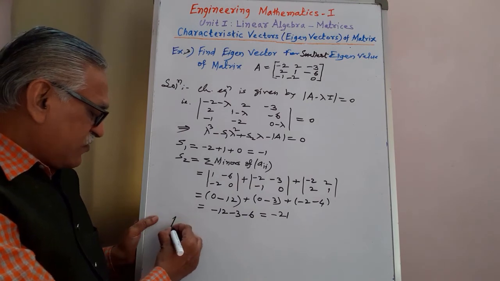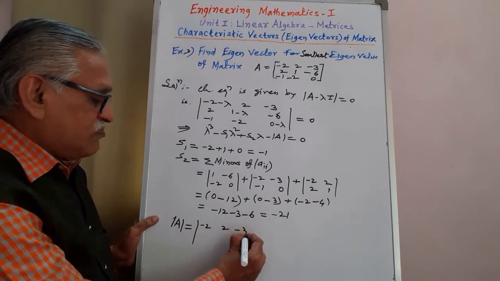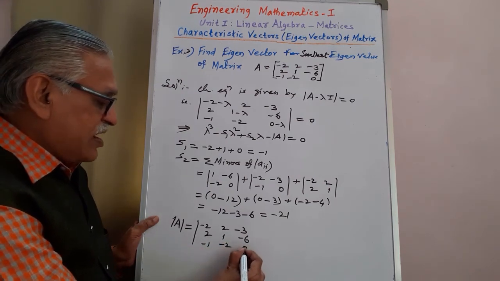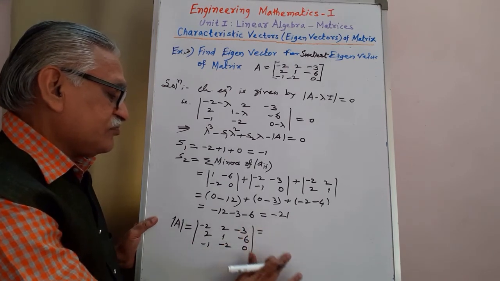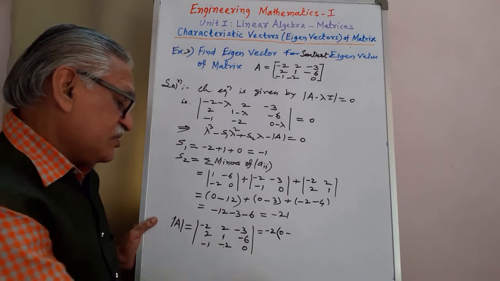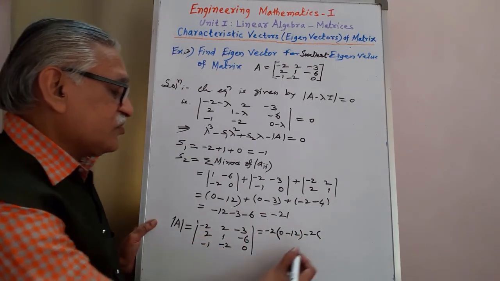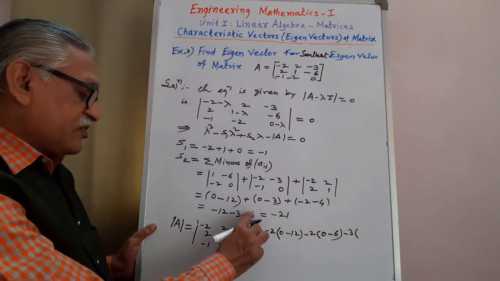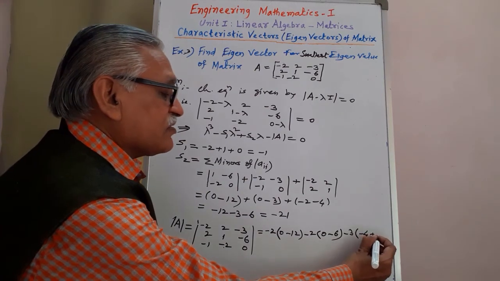And then lastly, the determinant of A, the determinant of elements minus 2, 2, minus 3, 2, 1, minus 6, minus 1, minus 2 and 0, and then finding the value: minus 2 into this product 0 minus this product, then second with minus sign, minus 2 into, neglecting this row and this column, 2 into 0, 0, minus 6, then minus 3 into, neglecting the row and column, 2 into minus 4, minus 4, and that minus will become plus.